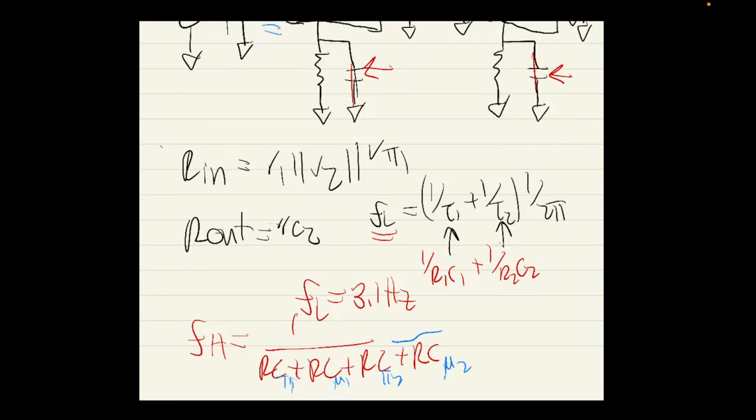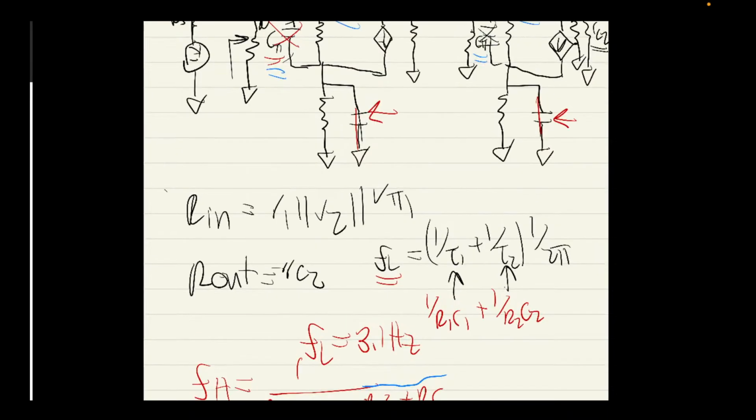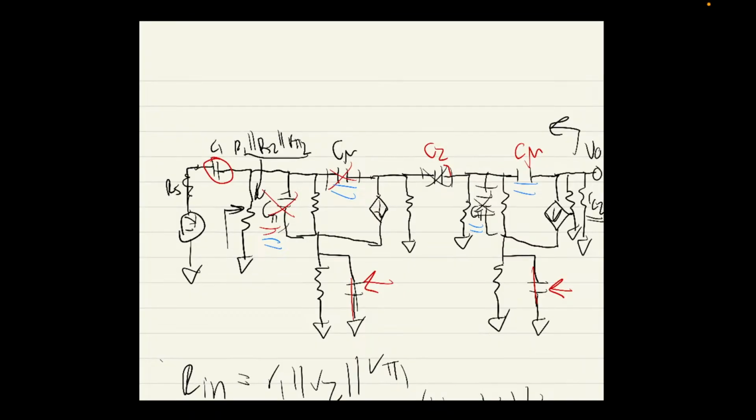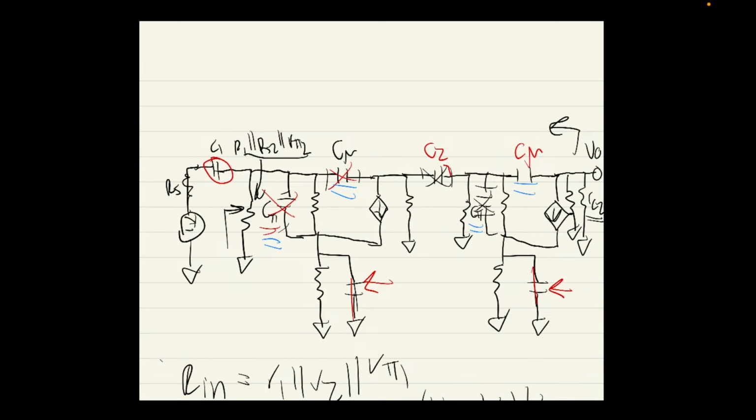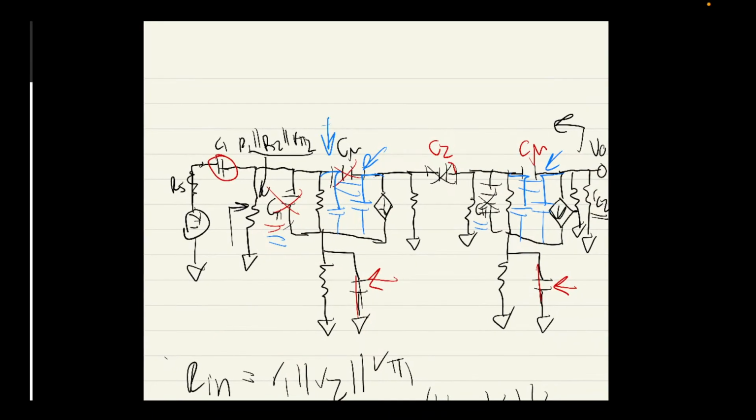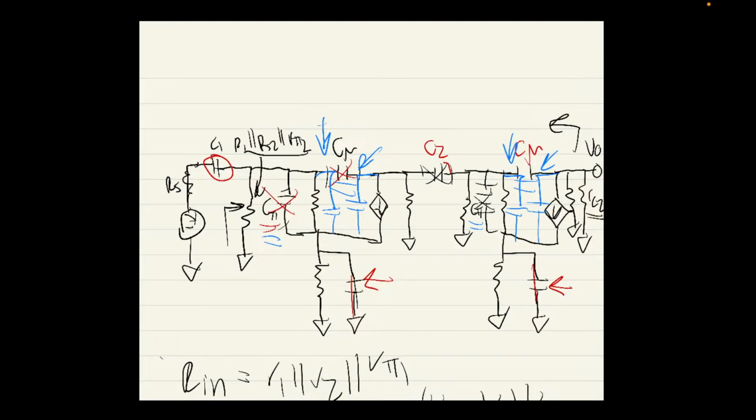Now, what we also know is that when we do Miller's theorem, our C mu, when we break this down into something like this, these right side capacitors become very, very small, and these ones become very large.